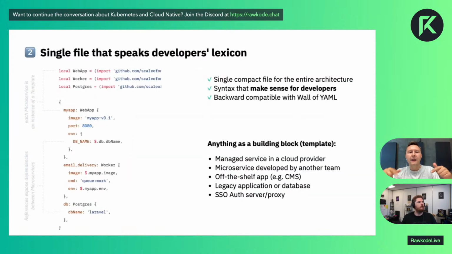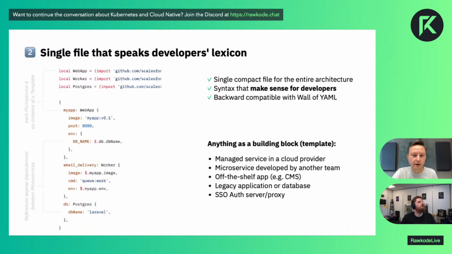Then it allows us to create a single file with a compact syntax where you can list all of your microservices, your app, your background worker, your database, and reference these function calls within that file.